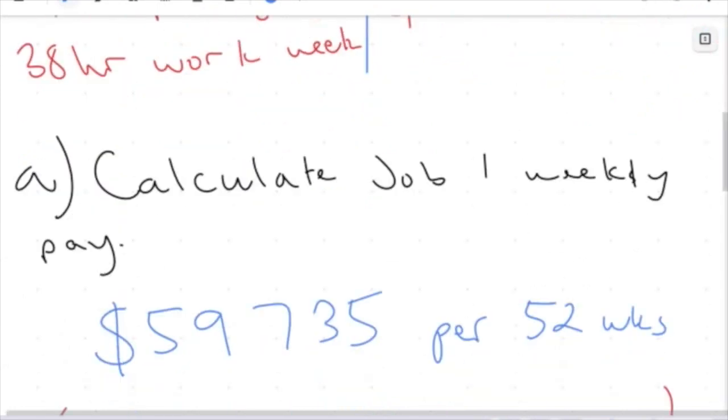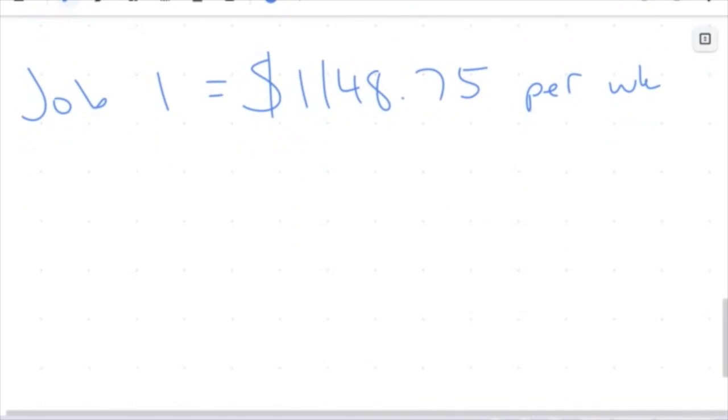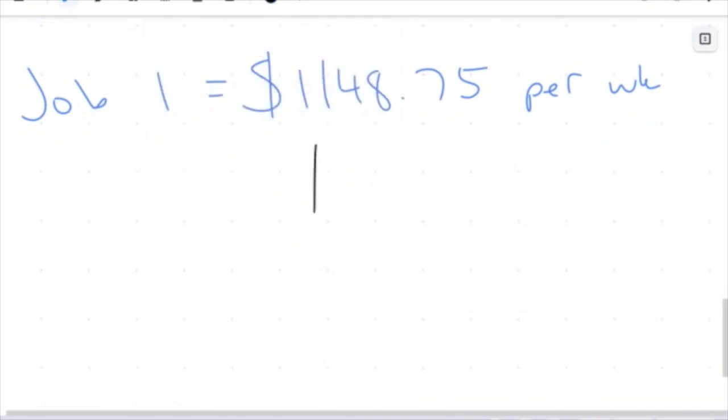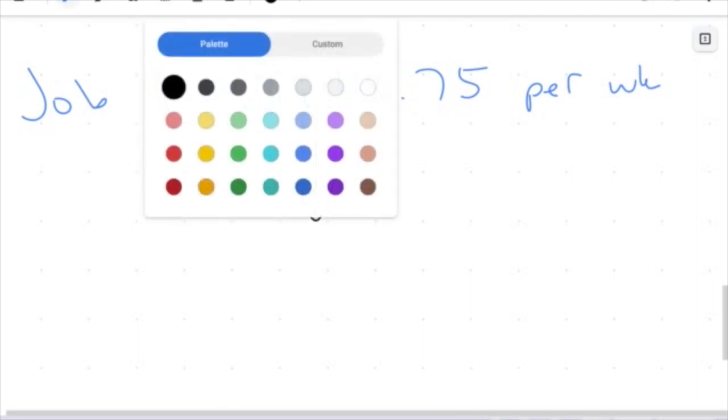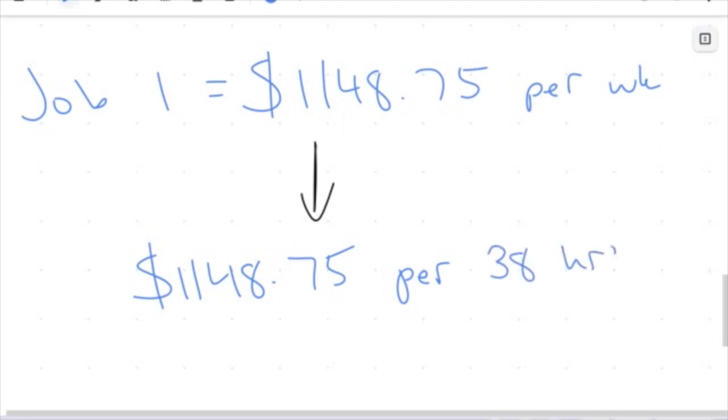So now we can figure out the hourly rate, because for this job we can rewrite it as you're making $1,148.75 per 38 hours, because there are 38 hours in this working week.